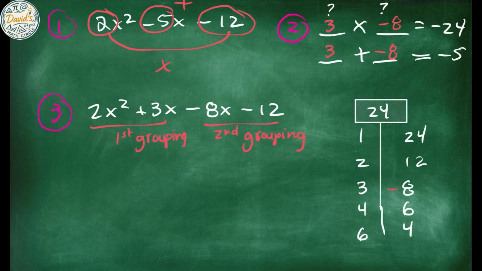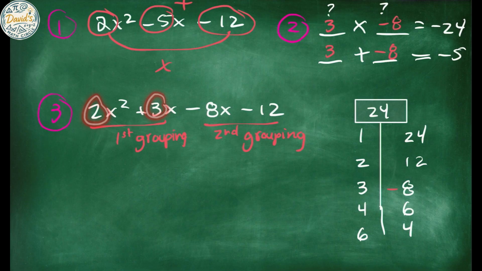What we want to do here is find a simple factor of both of them. In the first grouping, we have an x in common in both of the terms, so we can put that factor in common. We're looking for the greatest common factor, the highest form of factor here.